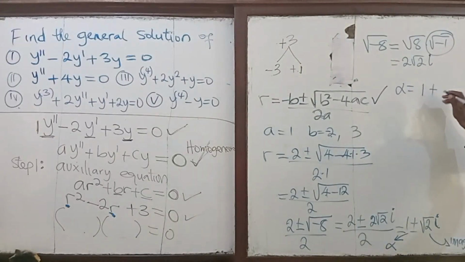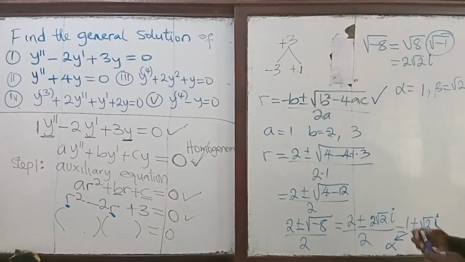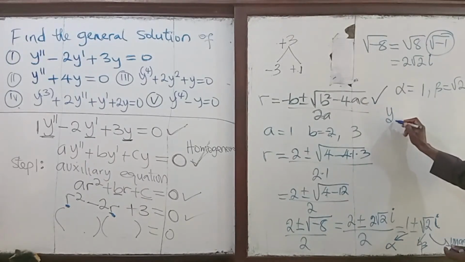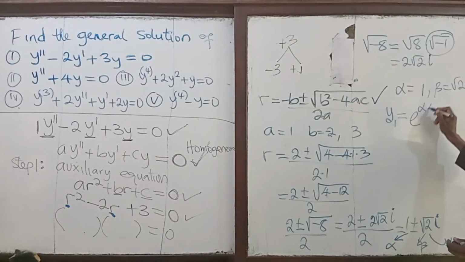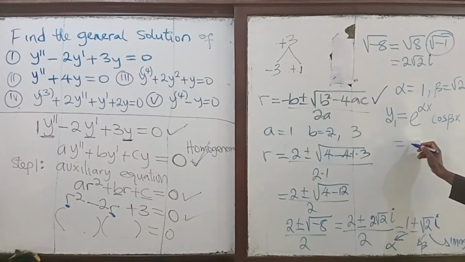Okay, so the alpha is the real part, which is 1. The imaginary part is called the beta. So beta is what? Beta is root 2. Okay, then we can get the solution. We can get y1, which has this formula. y1 is e to the power alpha x, cos beta x, and that will be equal to what?